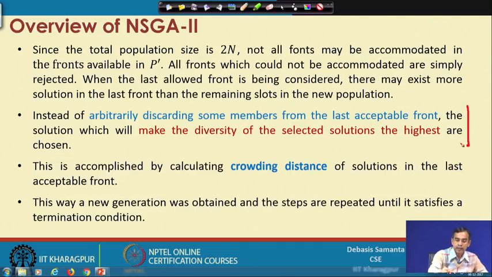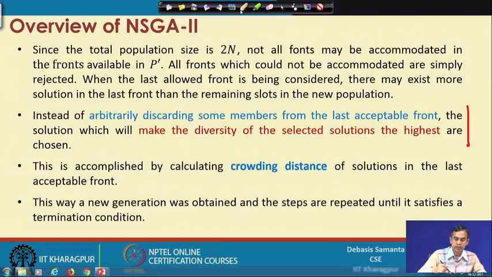In order to select those solutions from the last front, the NSGA-II procedure considers one method called the crowding distance method. This crowding distance gives the idea of how to select a winner out of the solutions in the last front.